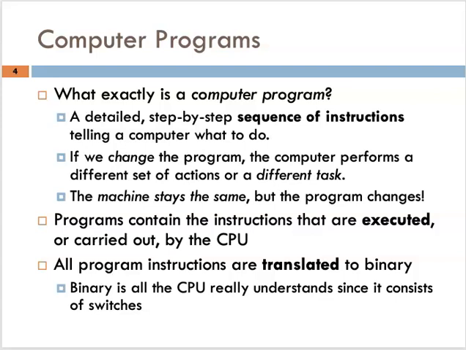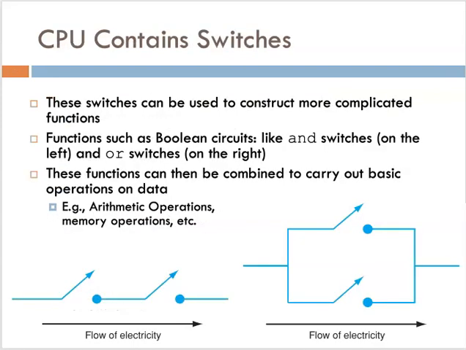The reason is that the CPU consists entirely of these switches, in essence, right? In the abstract, we can think of it that way in this first approximation. These switches then can be combined and used to create more complicated functions. So functions such as Boolean circuits, which we see over here, like an AND switch. In this case, the flow of electricity goes through the circuit when both this switch and this switch are closed.